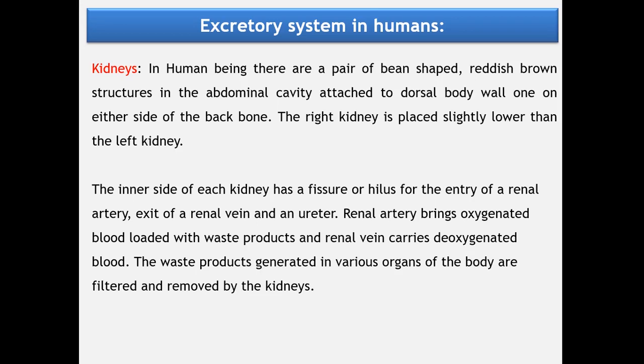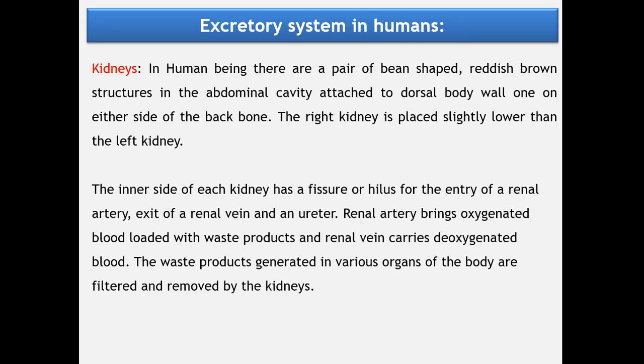In human beings, there is a pair of bean-shaped kidneys, and the color is reddish brown. These are located in the abdominal cavity attached to the dorsal body wall, on either side of the backbone, and the right kidney is slightly lower than the left kidney.